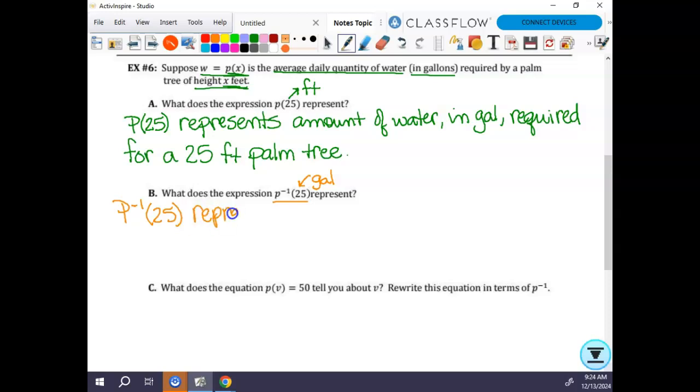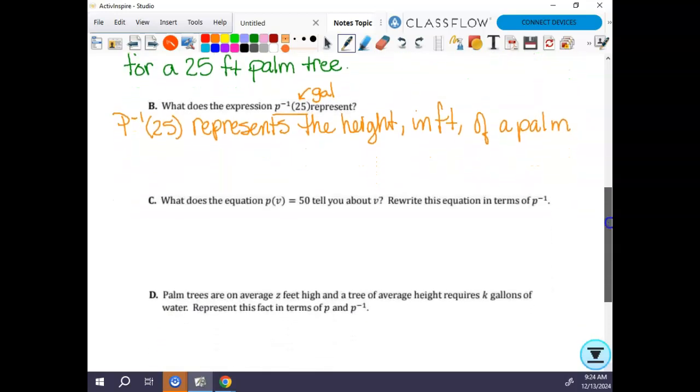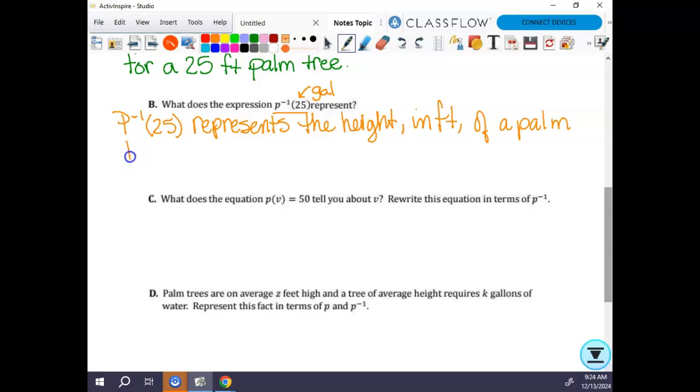Represents the height in feet of a palm tree that requires 25 gallons of water.